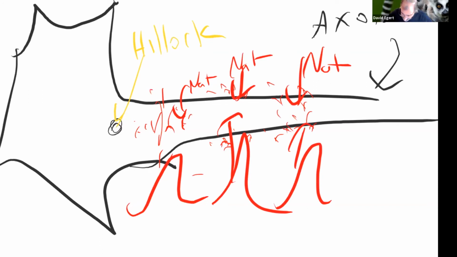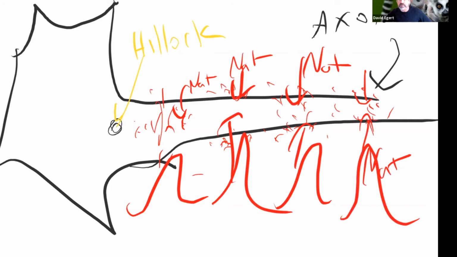And then as this is happening, the next little part of the membrane is getting more positive, which means the sodium channels there are going to open. The sodium is going to rush in, and now we have the action potential forming there. So this is just going to keep moving along, like I said, like a wave.